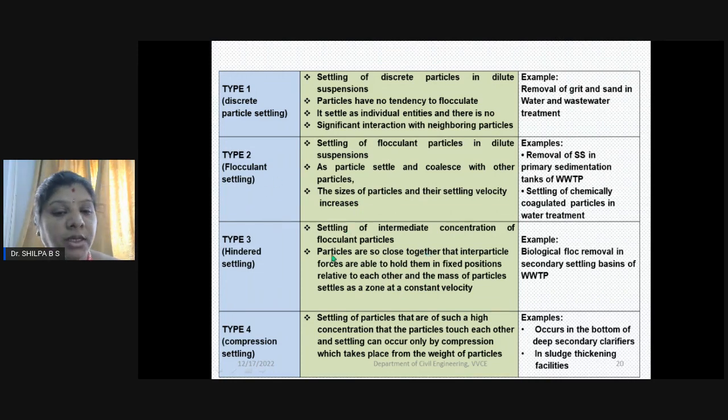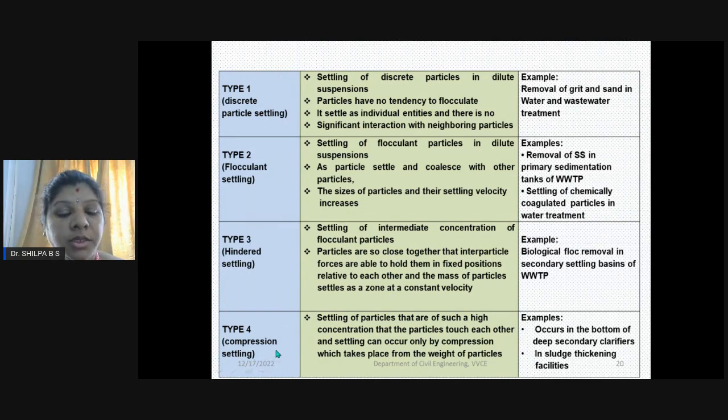The third type is hindered settling, the settling of an intermediate concentration of flocculent particles. They are so close to each other that the interparticle forces hold them in a fixed position. Like a film, they move down the water column at a constant velocity.